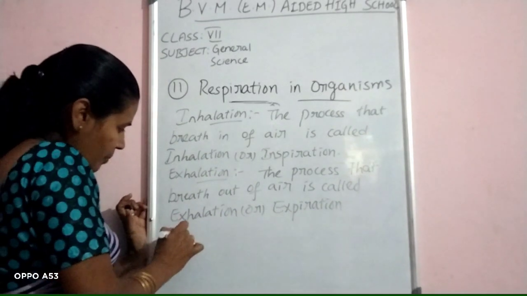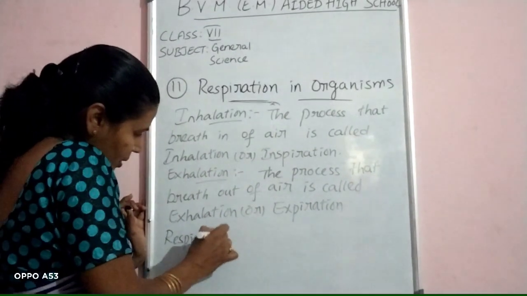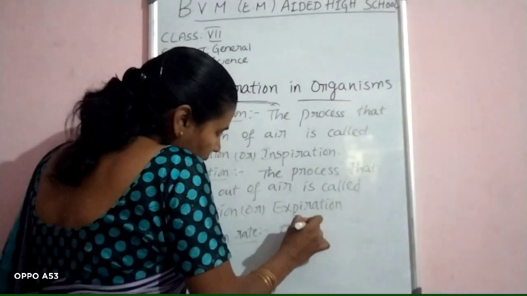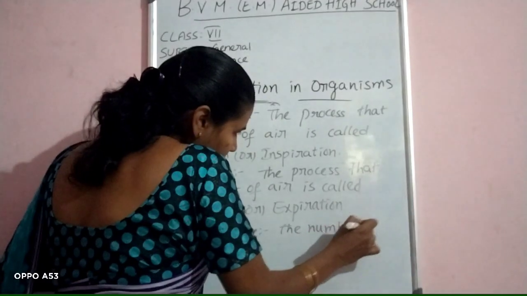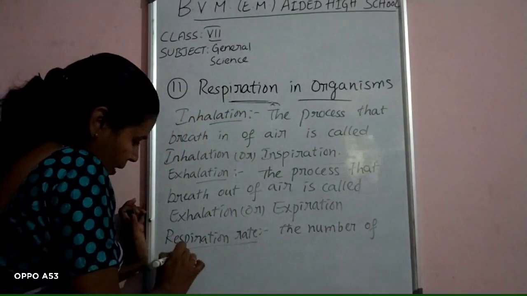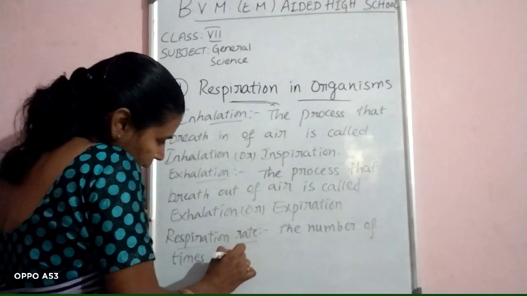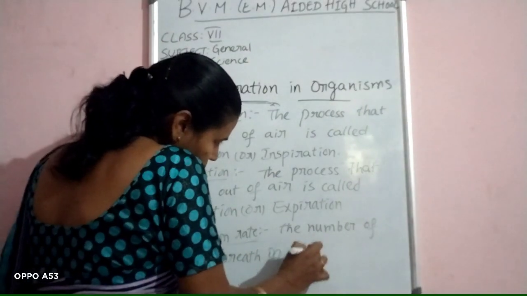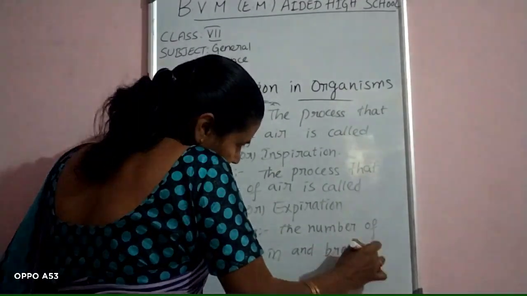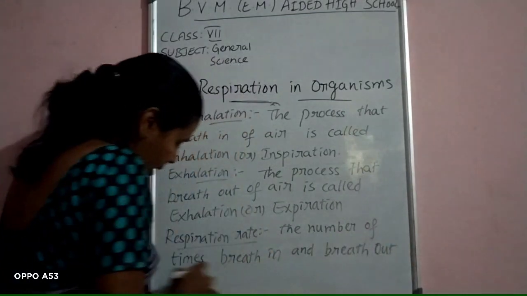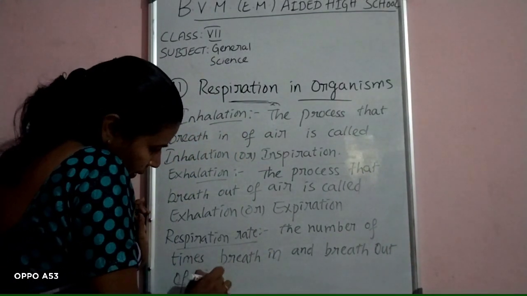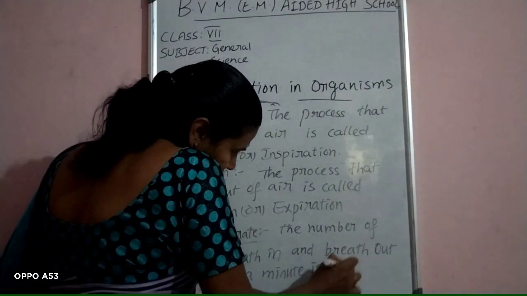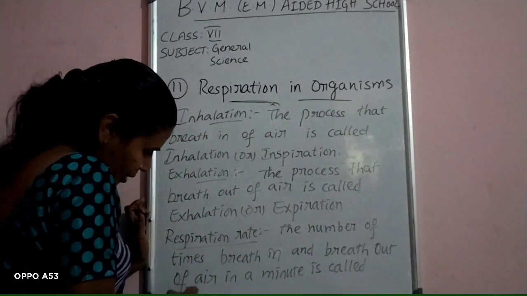What is the respiration rate? The number of times we breathe in and breathe out air in a minute is called respiration rate.